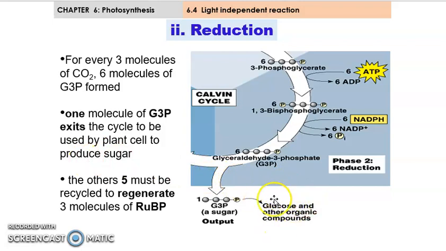So sugar in this case contohnya dia akan hasilkan glukos ataupun ada organic compound. So maksudnya baki lagi 5 G3P, apa yang akan berlaku? So the other 5 must be recycled to regenerate 3 molecule of RuBP. So daripada 6 glyceraldehyde 3-phosphate, 1 akan dikeluarkan sebagai output. So yang akan remain dalam cycle adalah 5 molecule of glyceraldehyde 3-phosphate.